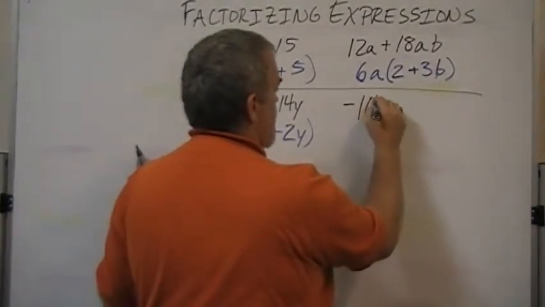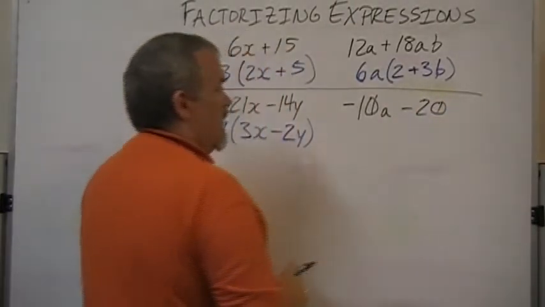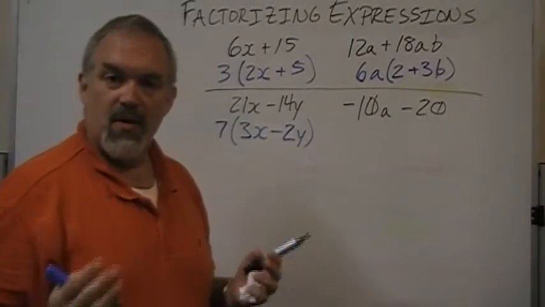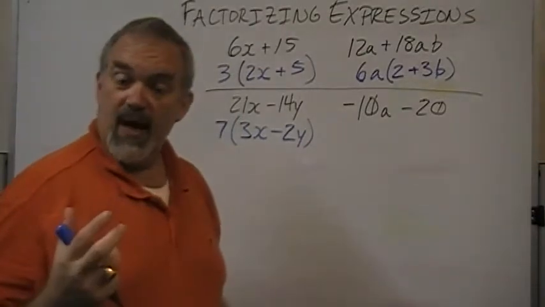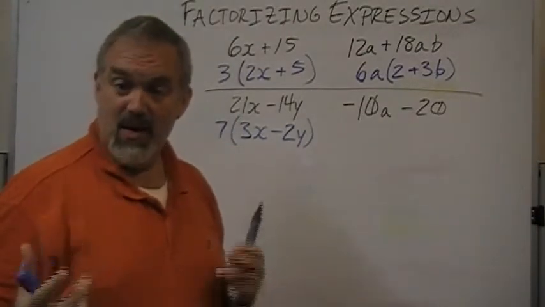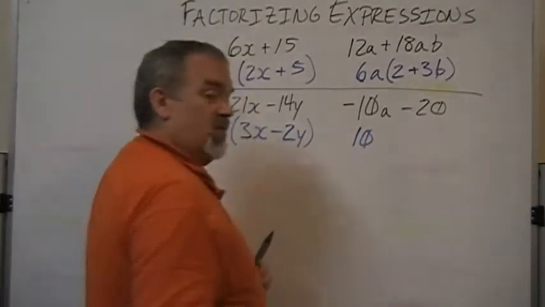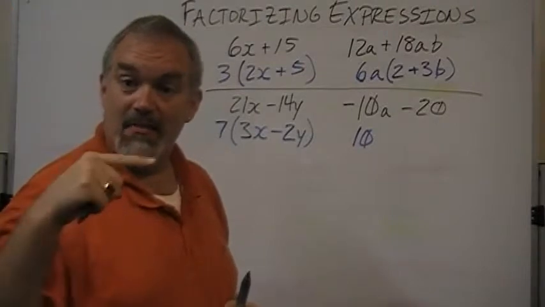Negative 10a minus 20. Now, what's the biggest number that will divide evenly into this and this? Your first reaction might be 10, and you wouldn't be wrong about that. 10. However, there's also something else in common between these two numbers, and that is the minus.